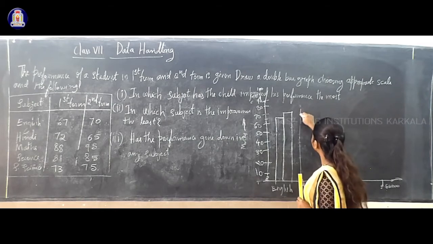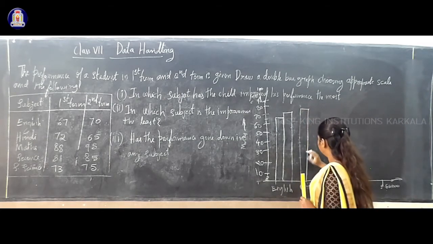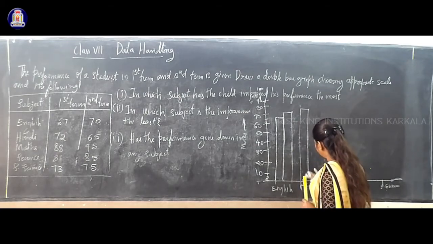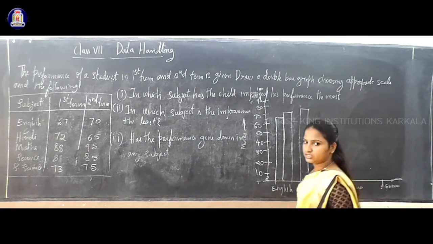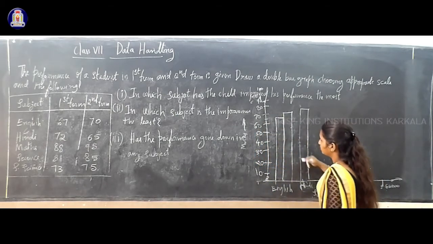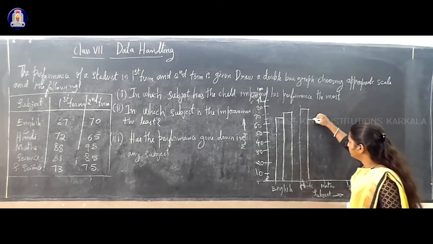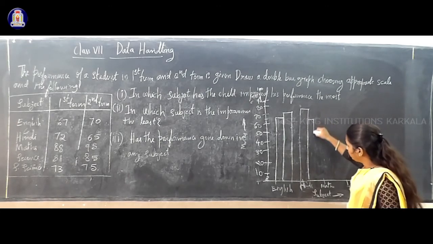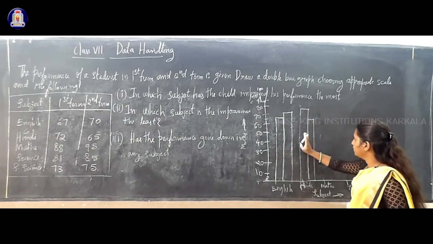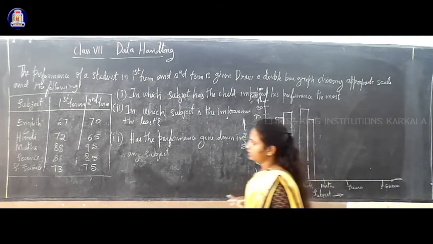Next, 65 is in between 60 and 70. So this is the marks scored in the first term and the second term in Hindi.